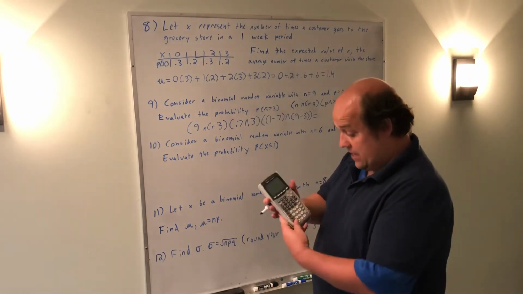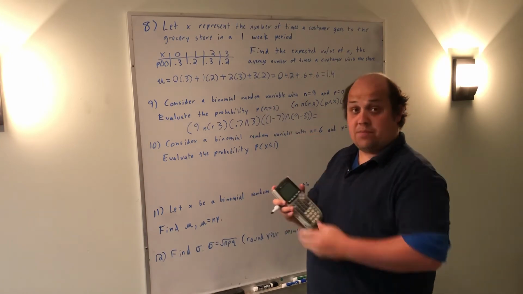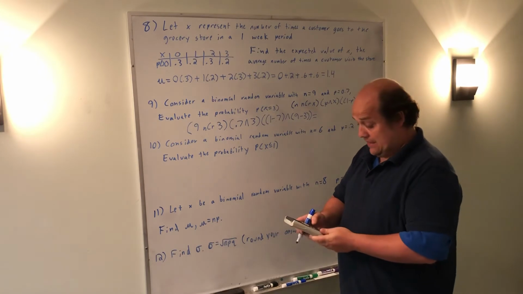Remember, on my calculator, I press the math button, I move over to PRB. On your calculator, you might have to find the PRB or NCR button, but you definitely should have identified that button before you begin the test.